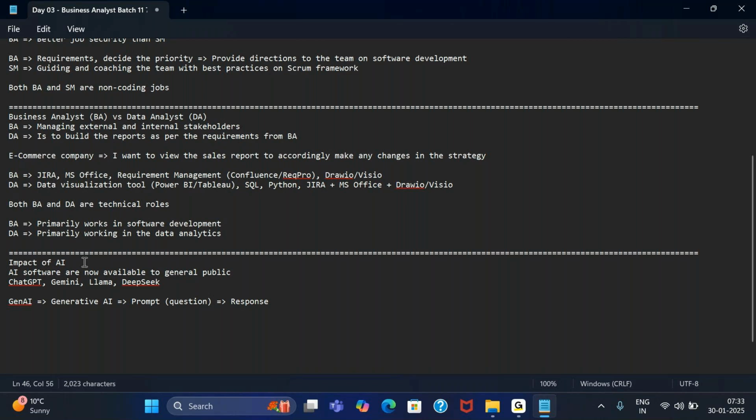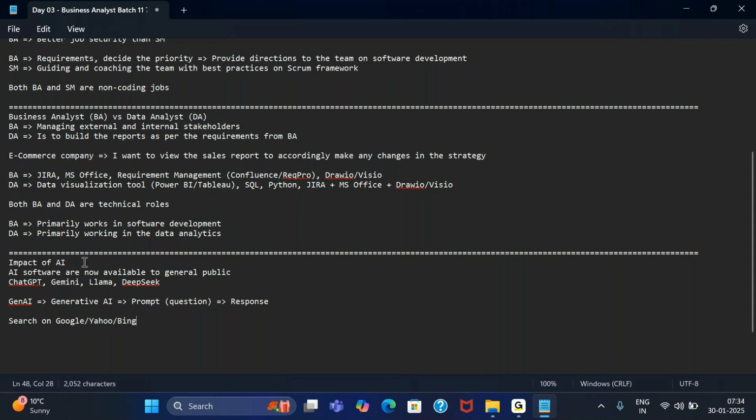Now, earlier, if I wanted to search anything online, for example, I want to attend a training program for the banking sector. I'm particularly interested in how the banking sector works, and I want to attend a training program. So what will I do? I will search on Google or Yahoo or Microsoft's Bing.